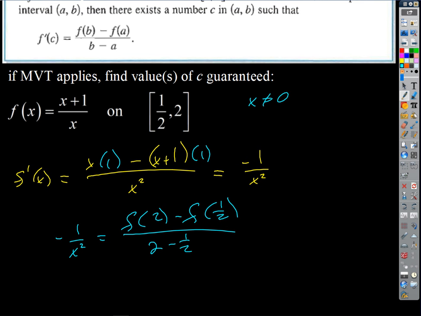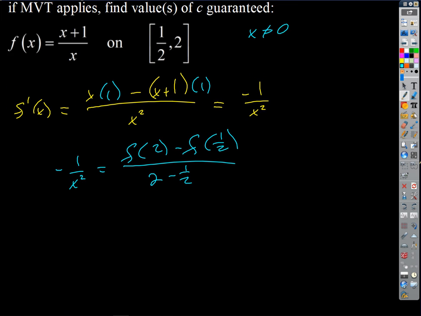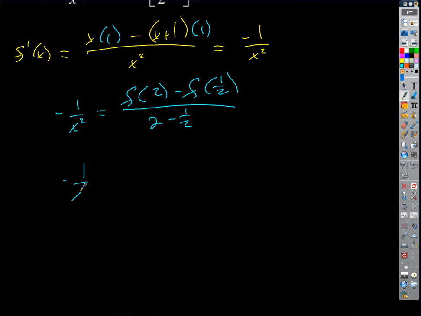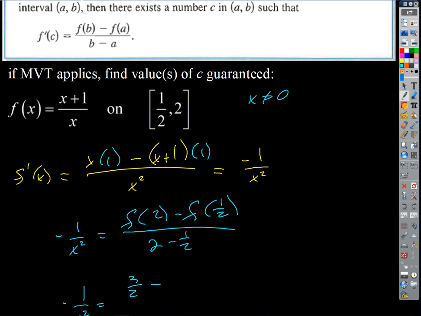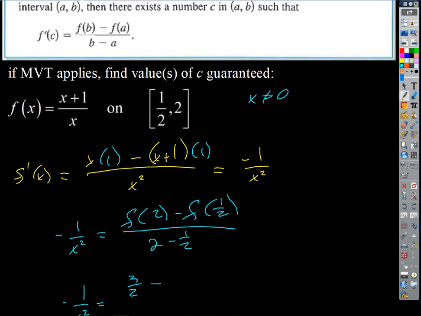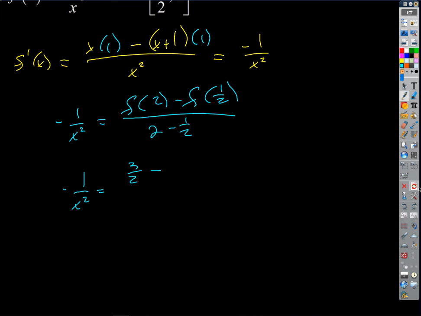There's our function. 3/2. Minus f of 1/2. On the top, I'm going to get what? 3/2 minus 3, divided by 2 minus 1/2, which is 3/2.